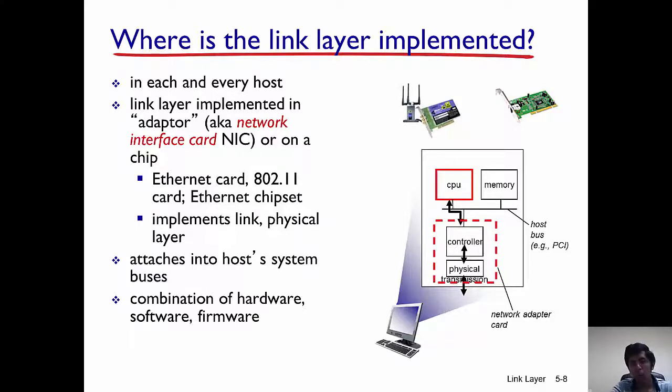So this is the first connection between hardware and software, and it's implemented in the NIC, or the network interface card. This figure here will give you a better understanding of where the link layer is implemented.